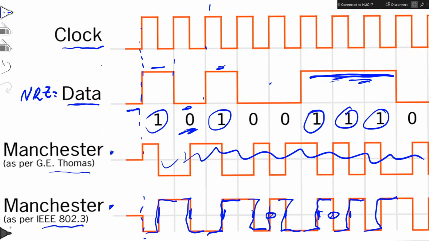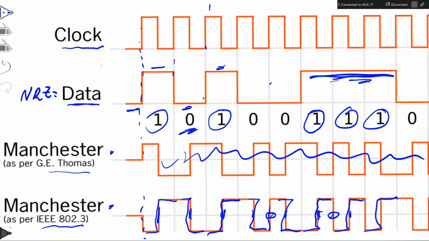Or if it comes too late, same thing, you have to adjust your clock to run at a slightly different speed.